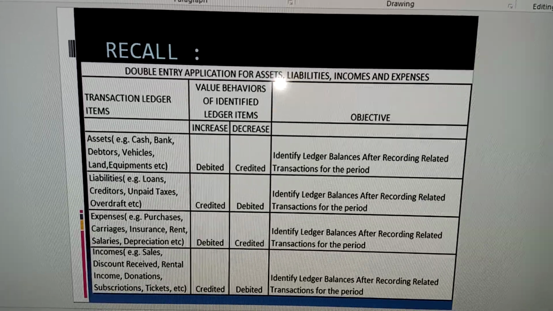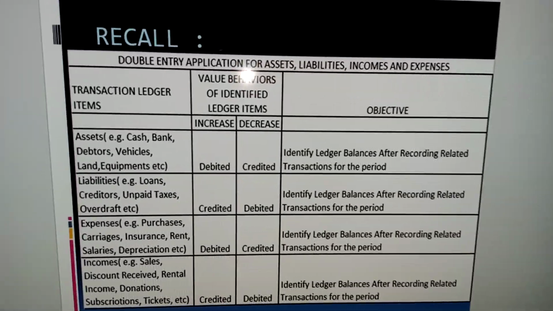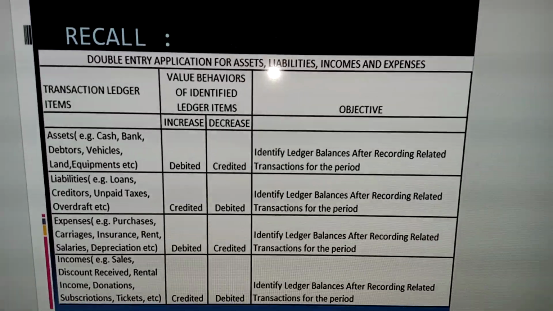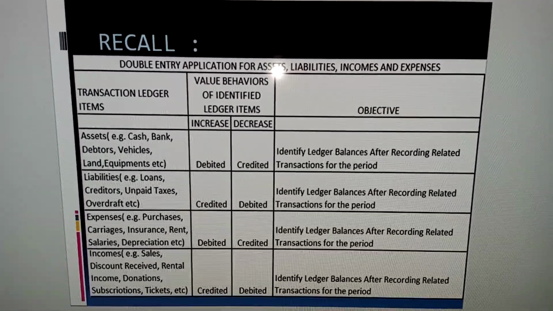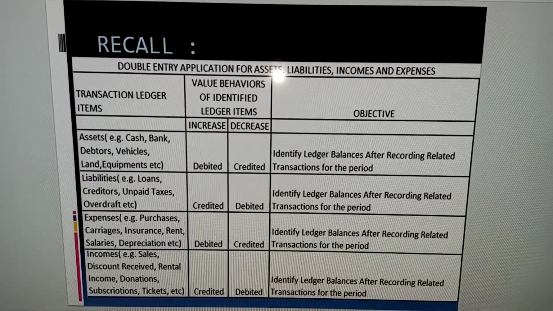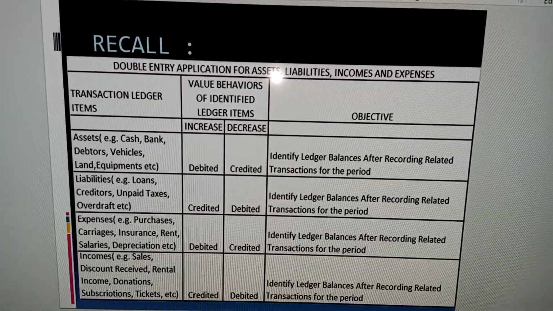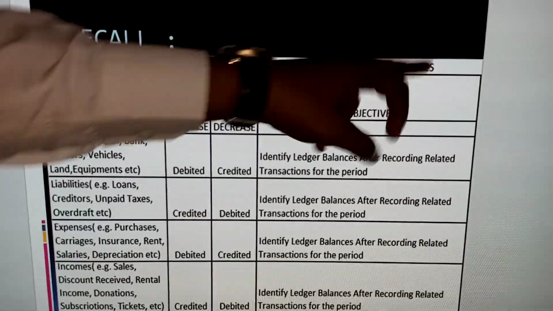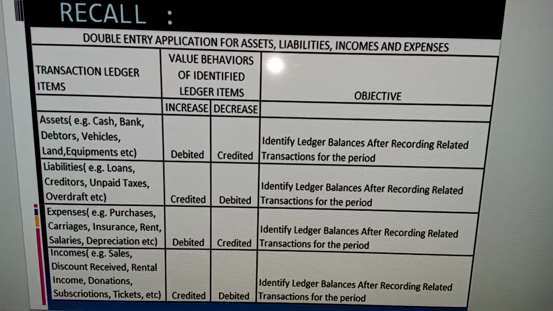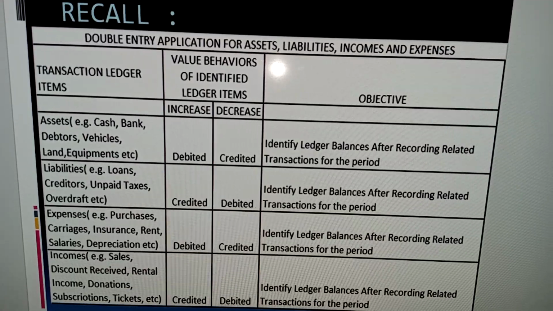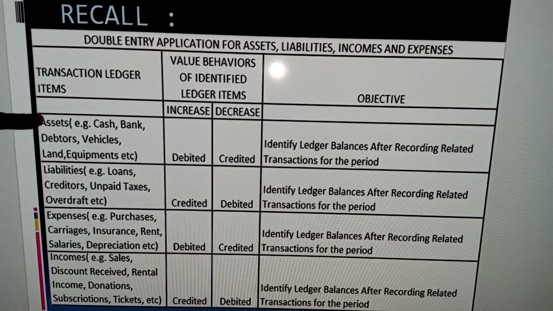Now, in preparing the trial balance by ledger balancing, we must recall our previous classes on what? Double entry application for assets, liabilities, incomes, and what? Expenses. I already told you that in the transaction ledger items, we can either identify what?